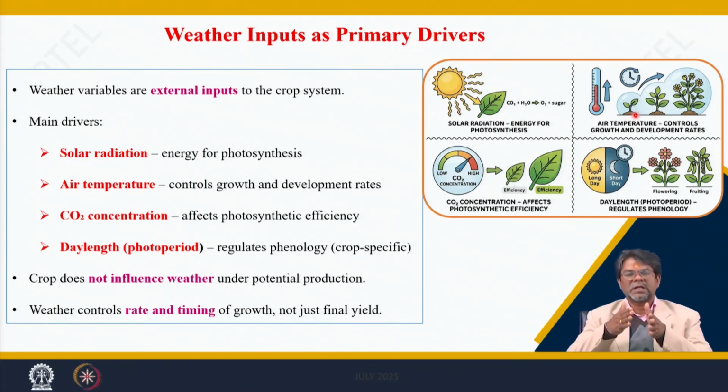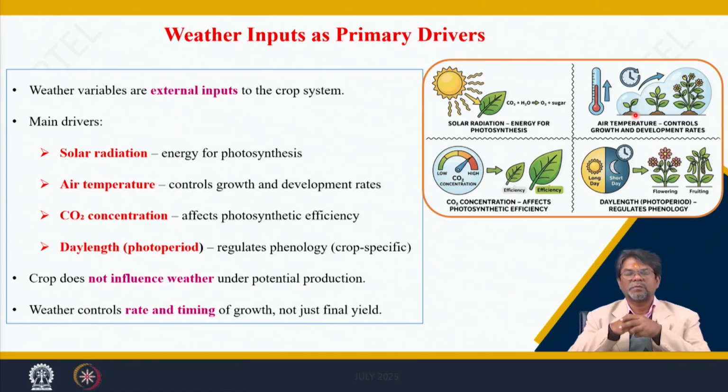That means the transformation from one phase to another depends upon the temperature. The crop accumulates certain growing degree days for a particular growth phase, then transforms to the subsequent phase. So temperature mainly regulates crop development, and solar radiation mainly influences biomass production. These are the important parameters.